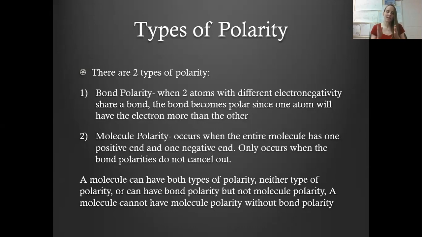So you can have bond polarity and molecular polarity, or sorry, you might have just bond polarity. Anyway, we'll go through that with some examples. So a molecule can have both types, neither type, or just bond polarity. You cannot have just molecular polarity.